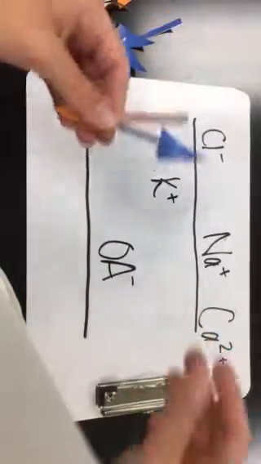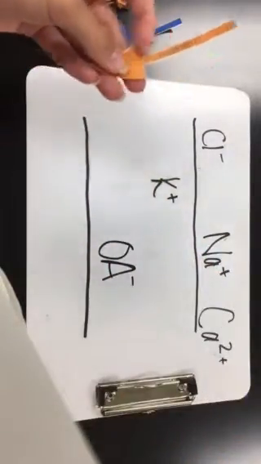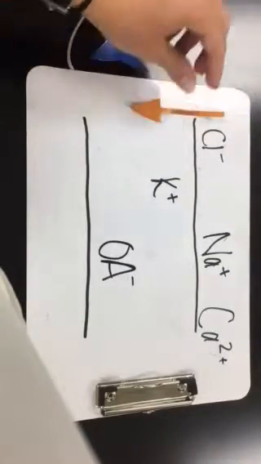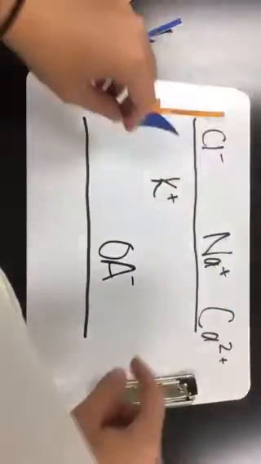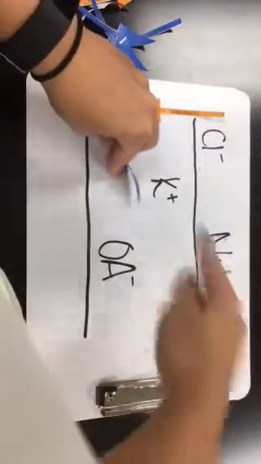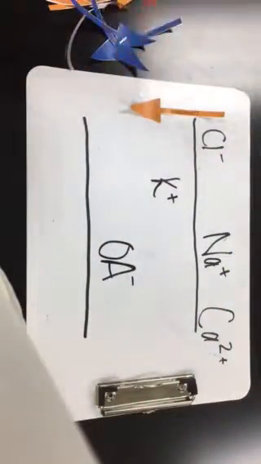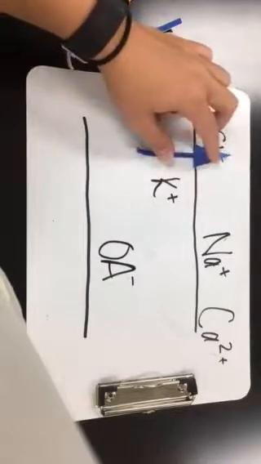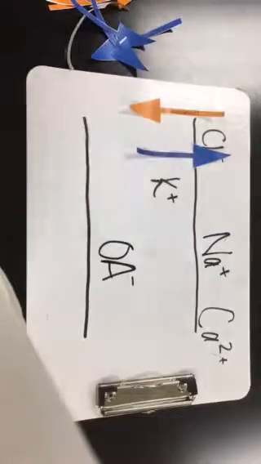So for example, with chloride, its chemical gradient, because it's more concentrated out here, is going to want to move it in, but its electrical gradient, because the intracellular space is more negative on the inside, is going to want to make it flow out.